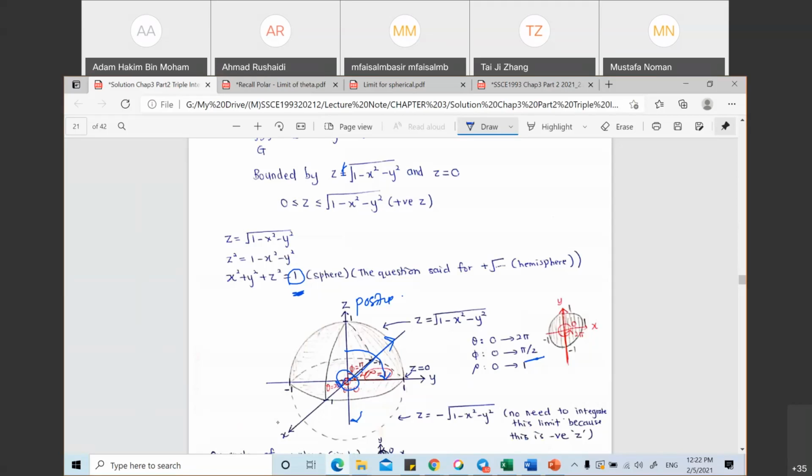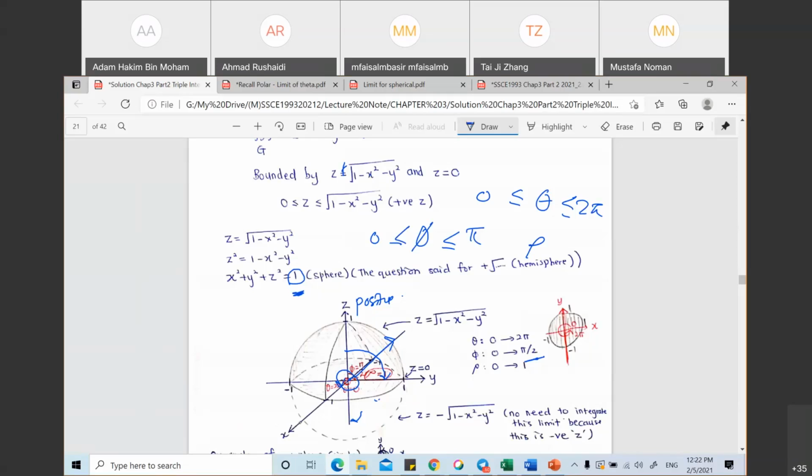Because if you rotate until here, you will get the same back. Your phi should be 0 to pi maximum, your theta can rotate 0 to 2 pi, and your radius can be anything, according to how big the sphere is.